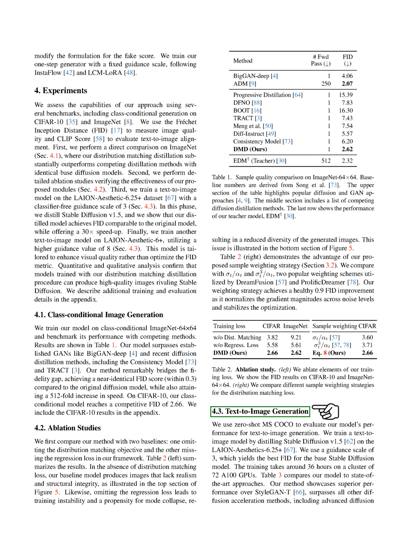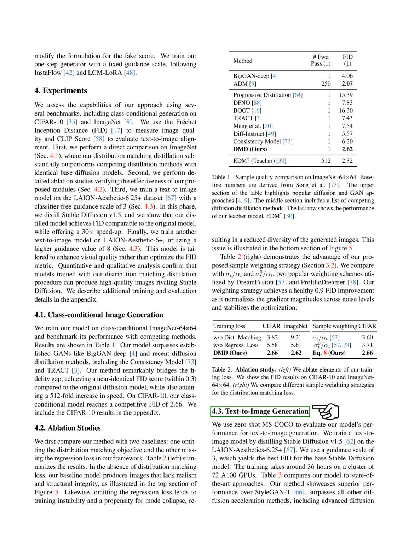When we compared our model with the latest approaches, our method outperformed StyleGAN-T and surpassed all other diffusion acceleration methods, including advanced diffusion solvers and diffusion distillation techniques like latent consistency models, UFO-Gen, and InstaFlow. We significantly narrowed the gap between distilled and base models, getting within 2.7 FID from Stable Diffusion version 1.5, while running about 30 times faster. With FP16 inference, our model can generate images at 20 frames per second, making it suitable for interactive applications.